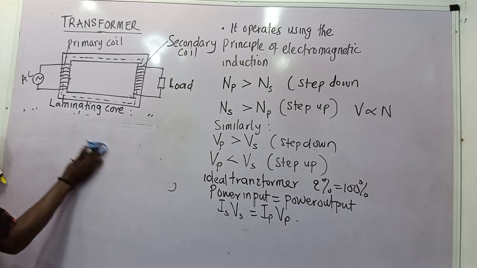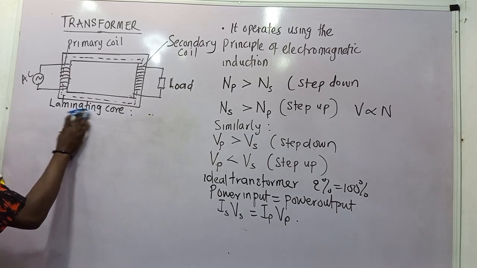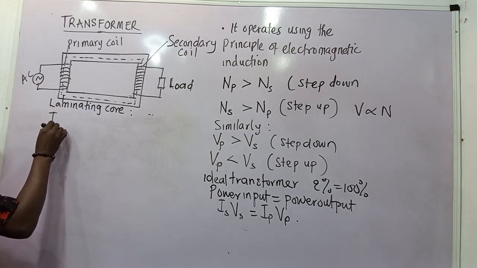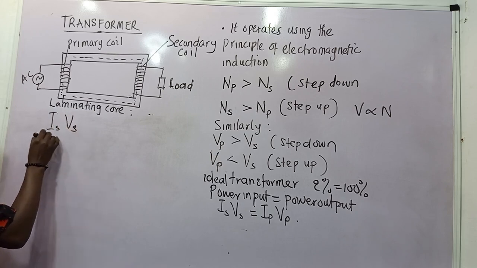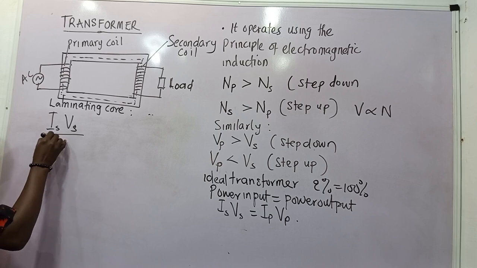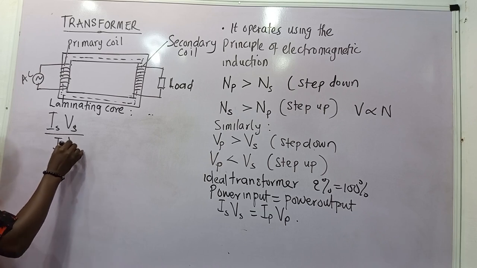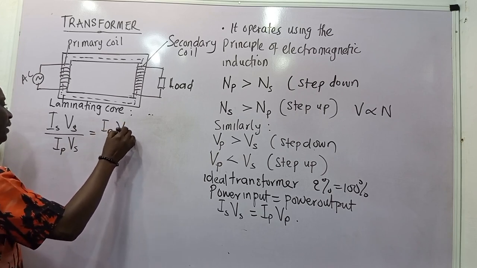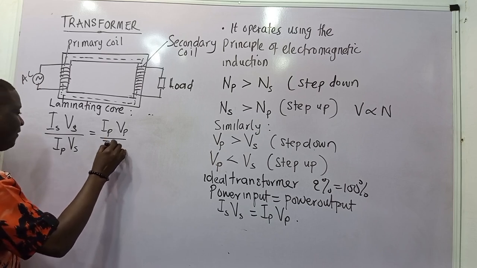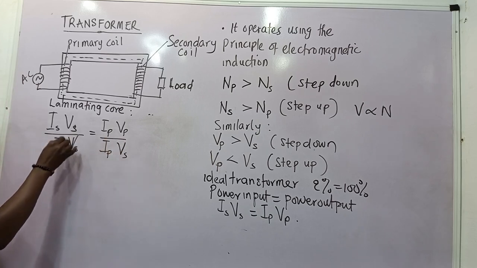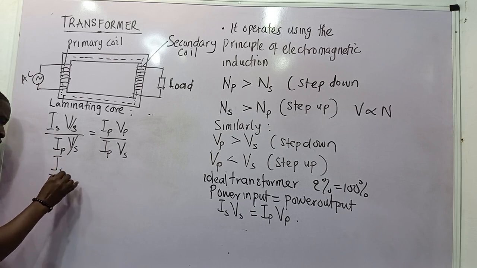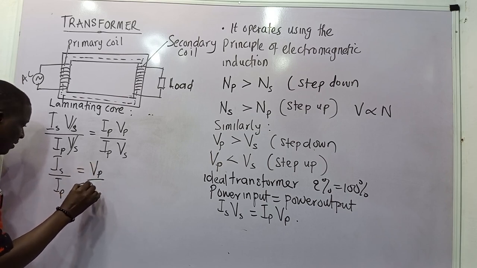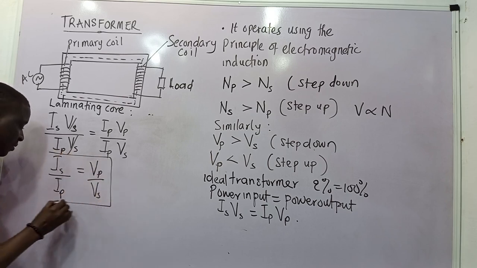IsVs divided by Ip and Vs equals IpVp divided by IpVs. This one will cancel this one. We have Is over Ip equal to Vp over Vs. Take note of this.